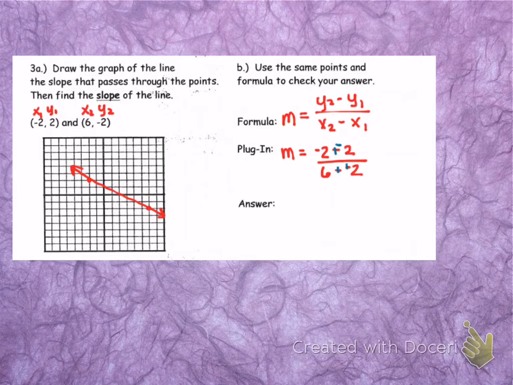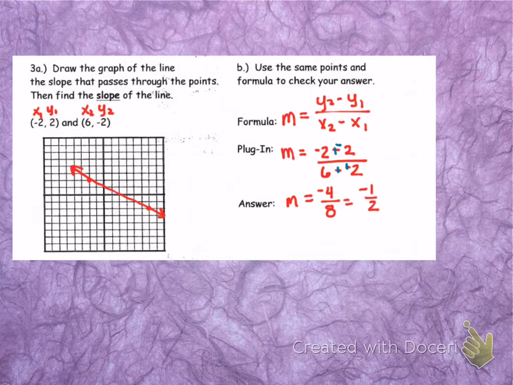If you want to change your subtractions to adding the opposite, you can. And then you get m is equal to, in the top we get -4, and in the denominator we get 8. And now that reduces. We do always want to simplify if we can, just not simplifying to a mixed number, keep it as a fraction always. And this one, of course, is just a regular fraction, and that simplifies to -1/2.